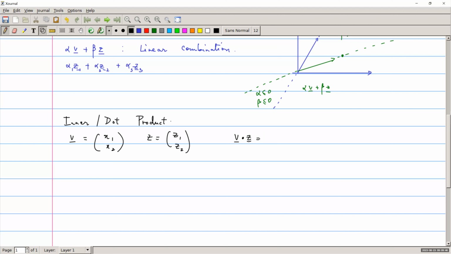You don't need to copy, I'm going to give you this anyway. So what is V dot Z? X1 Z1 plus X2 Z2, and it's a simple number.